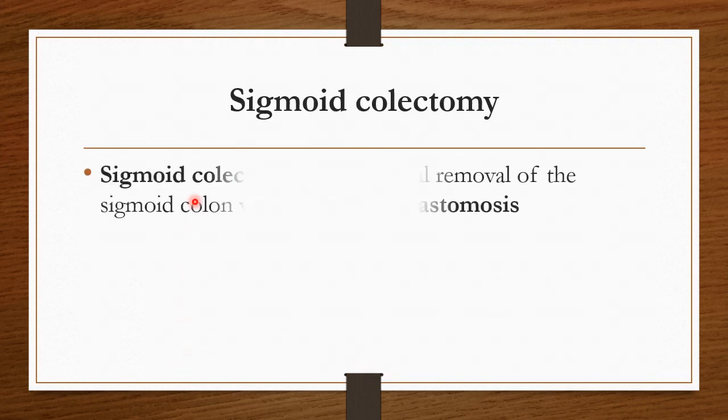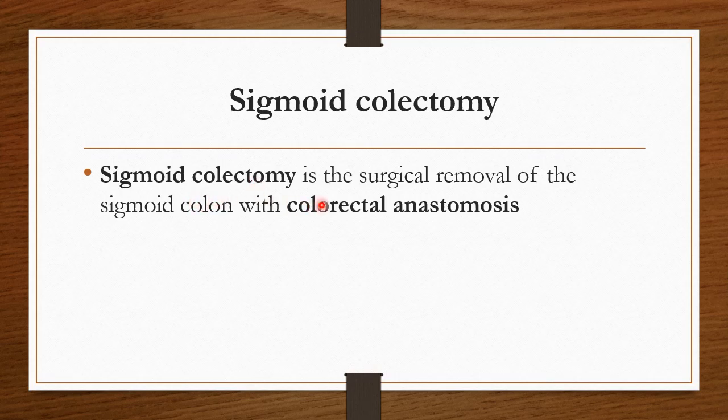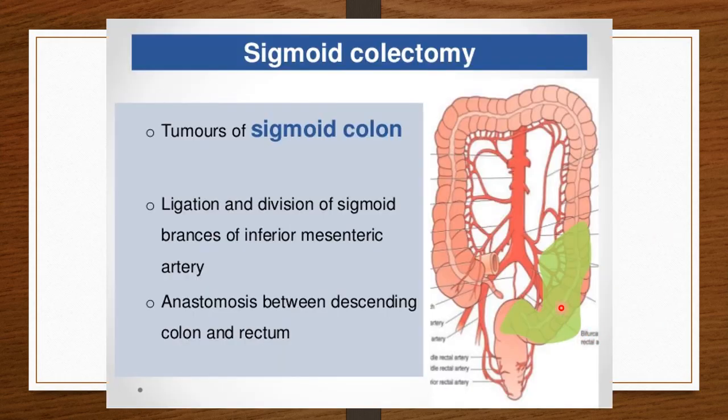Sigmoid colectomy. Okay, sigmoid colectomy is the surgical removal of the sigmoid colon with colorectal anastomosis. That means the colon is anastomosed to the rectal stump. Okay, this is a diagrammatic representation of a sigmoid colectomy.